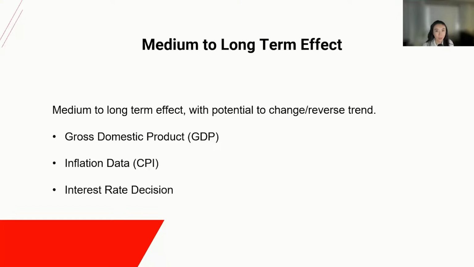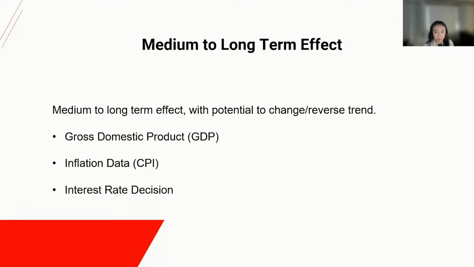So let's take a look at GDP, okay? GDP is a measure of a country's economic output and is considered one of the most important economic factors. GDP measures the total value of goods and services produced within a country's borders and provides insight into the overall health of the economy.